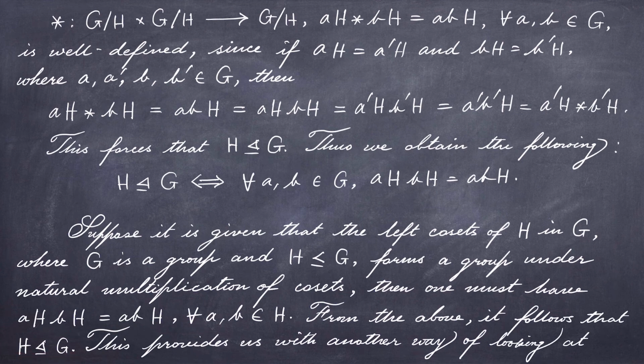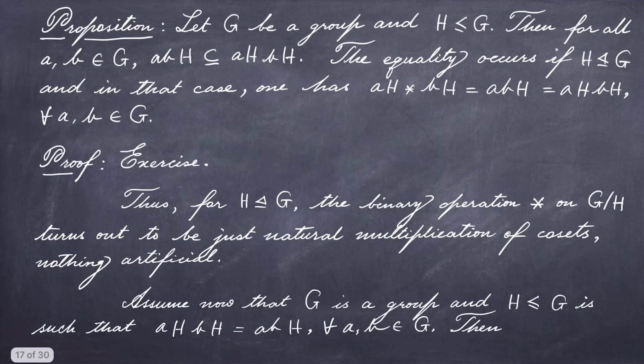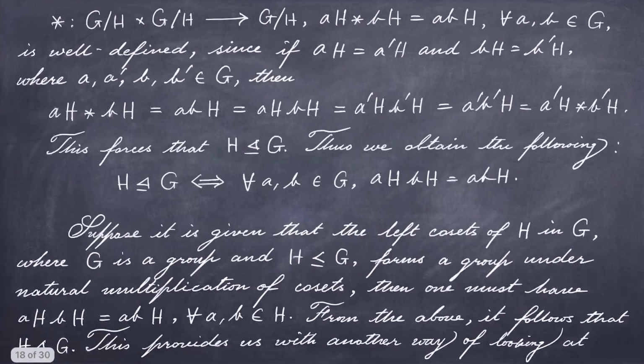So what have we got here? Try to understand here. We have proved that if H is normal, then G mod H becomes a group with respect to natural multiplication of cosets. This is what we have observed here.